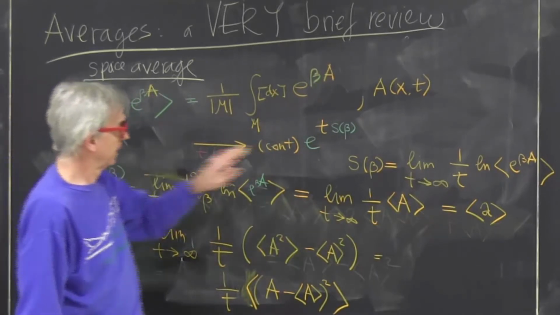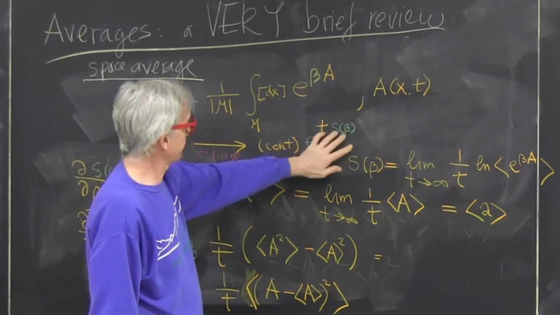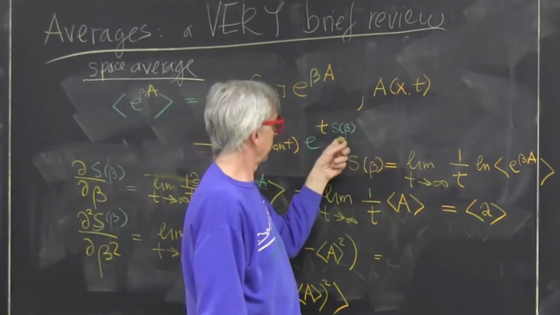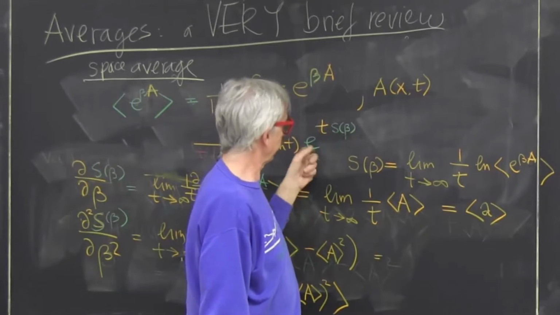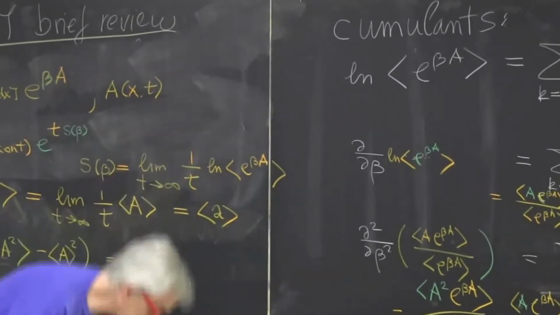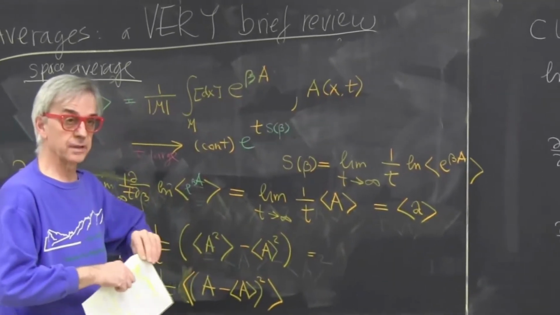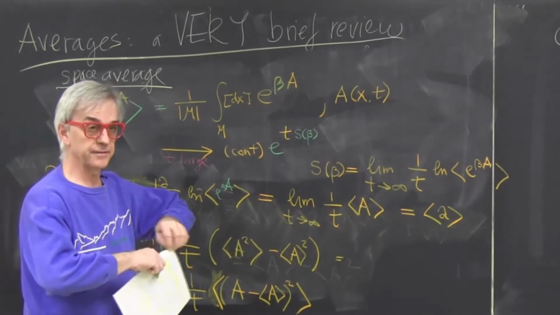So this is the natural object because you're looking at the logarithm of the partition function, which is dominated by this, and that's giving us cumulants, and cumulants are the good object because they're measuring non-Gaussian statistics.